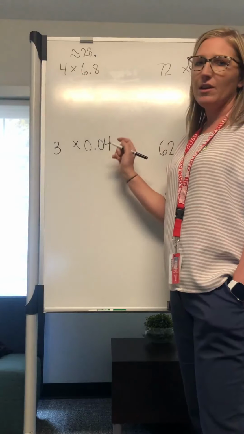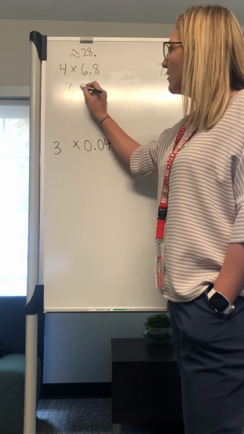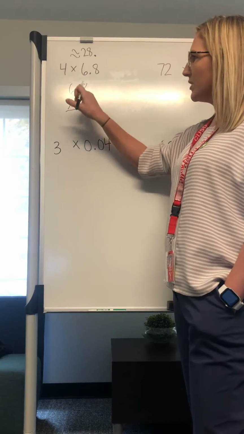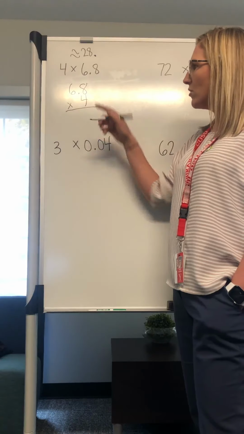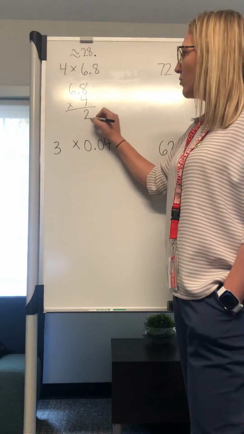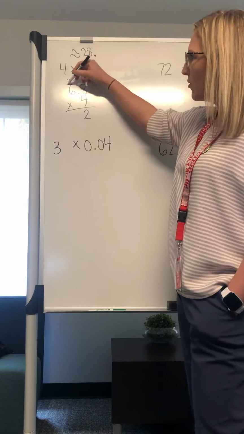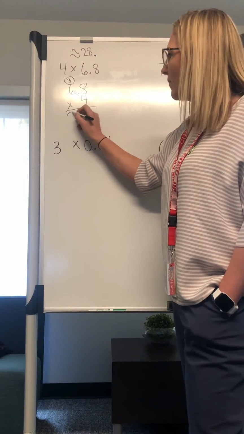If you need to find out exactly what this is, you can line this up in the traditional model and just pretend that that decimal place isn't there. So 8 times 4 is 32. Bring the 2 down, carry the 3. 6 times 4 is 24, plus 3 more is 25, 26, 27.